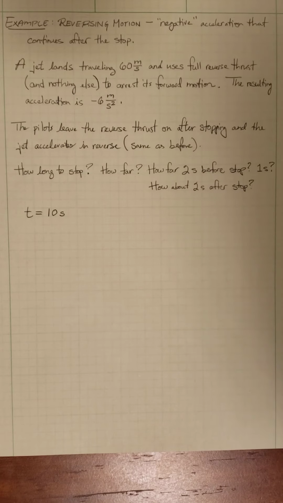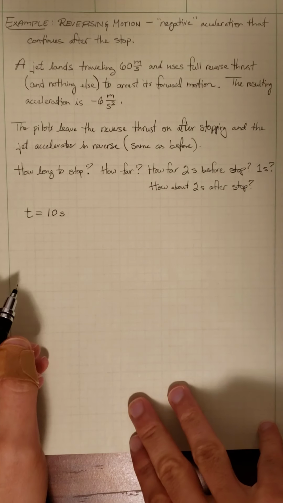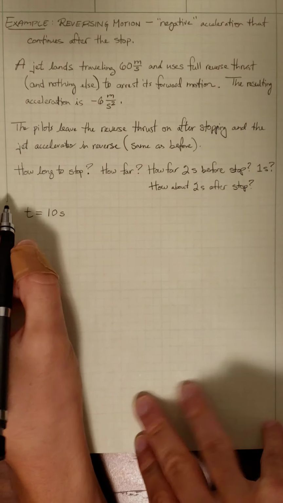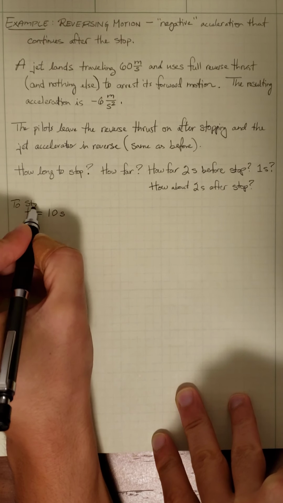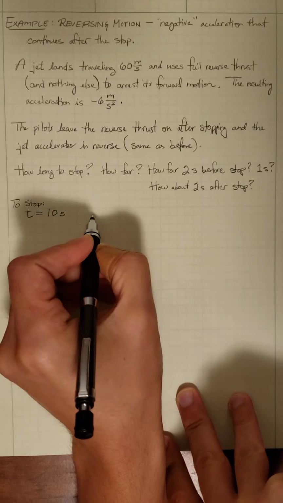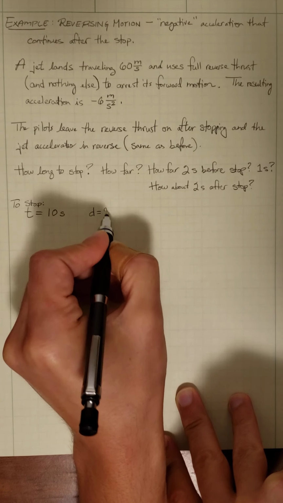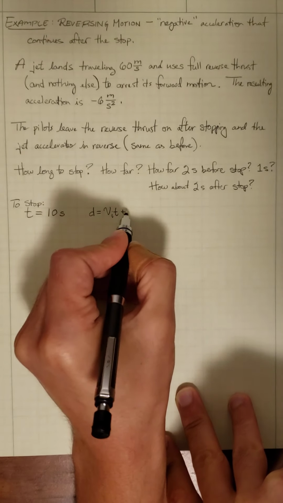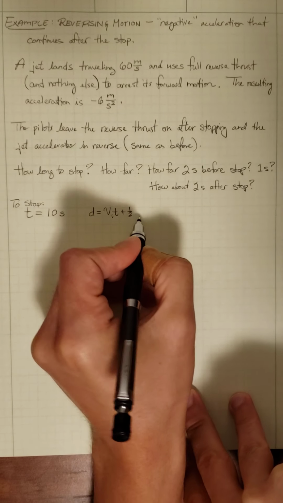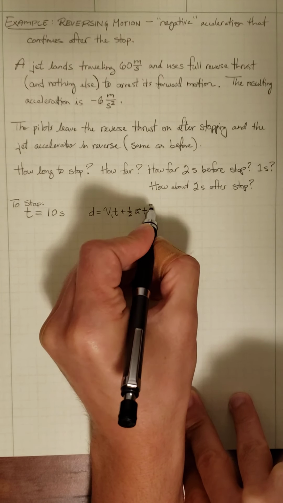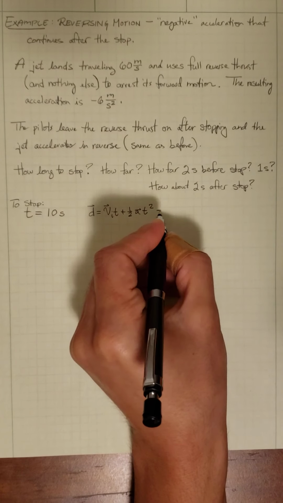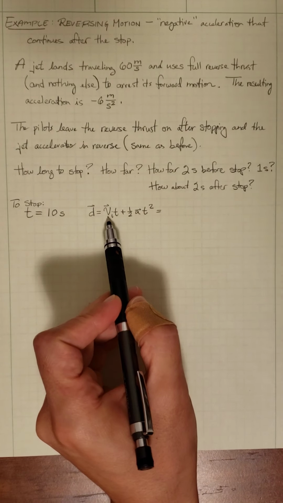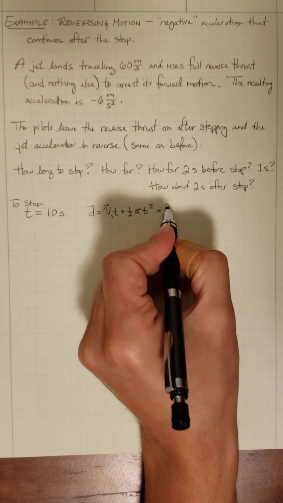Now we want to know how far. What is the stopping distance? We do as before. D equals v_i t plus 1/2 a t squared. Substituting in, we have initial velocity is 60.